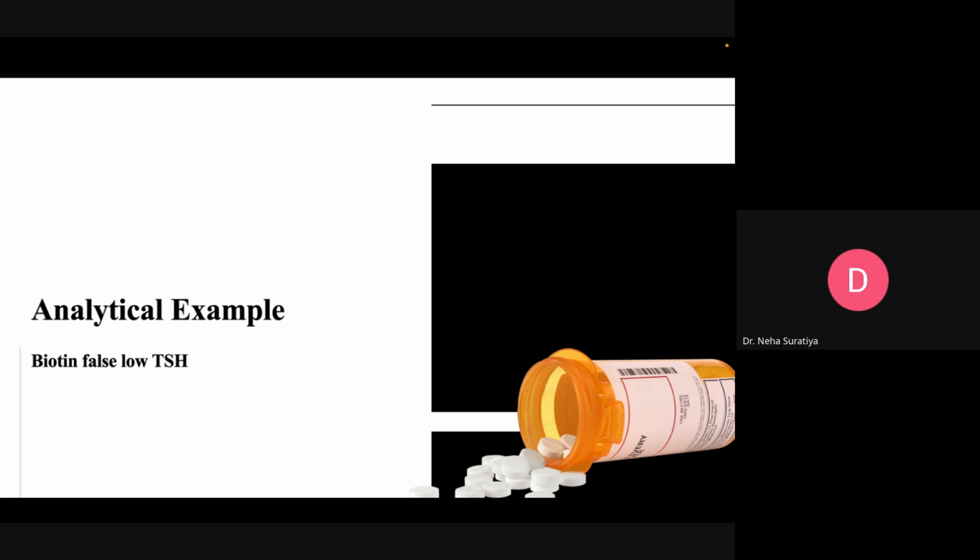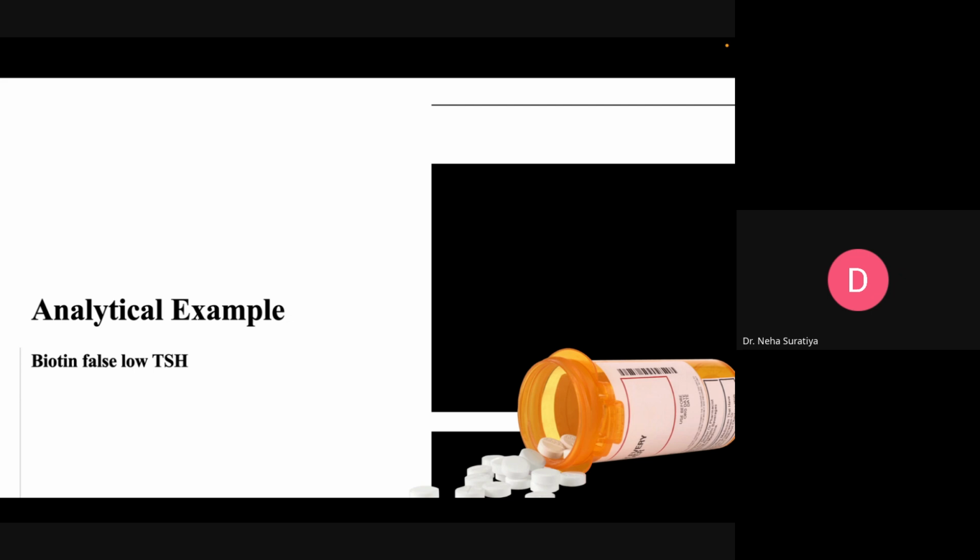So a high dose of biotin can interfere with all types of immunoassays and produce falsely low or high hormone levels, especially TSH. So if the patient's lab results do not match their symptoms, always consider analytical interference, drug interference before changing treatment, guys. So be a little bit aware of these things so that you can further identify and improve in this particular area.